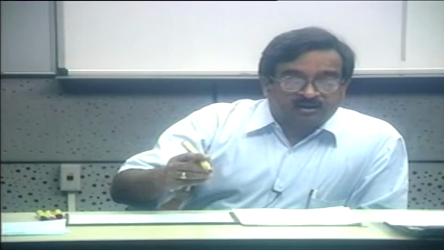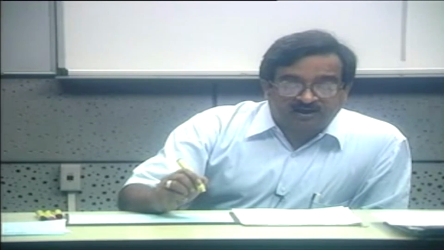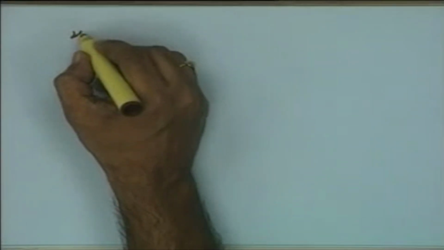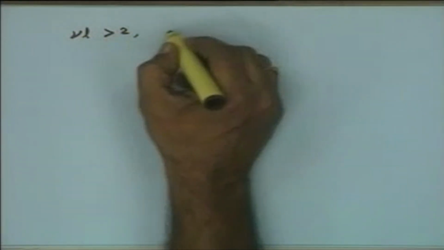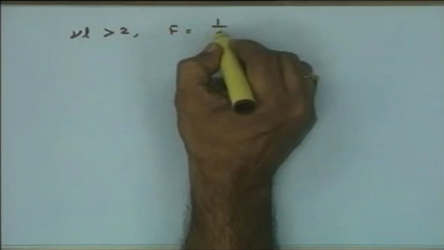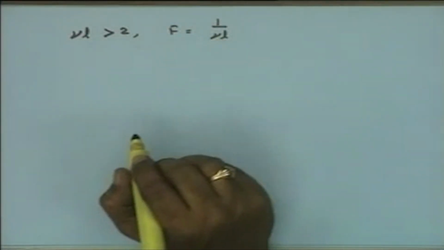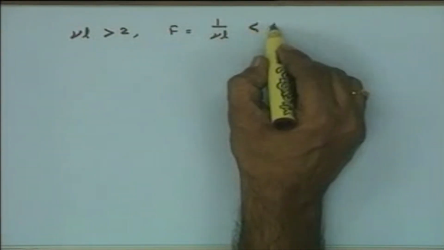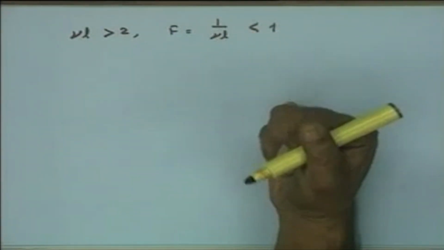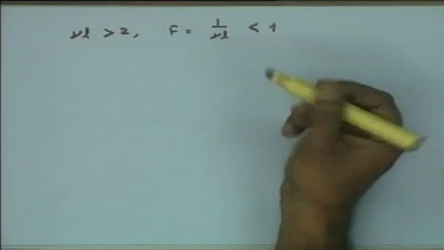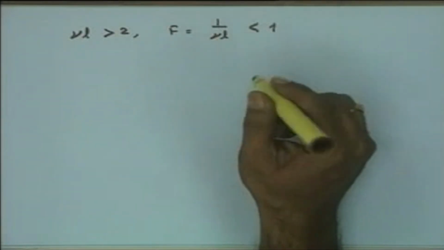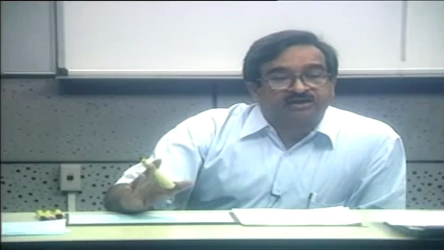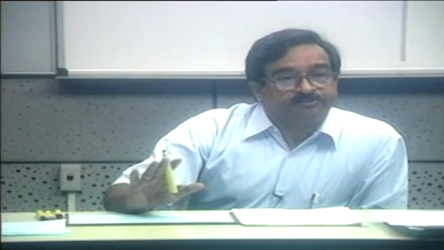Now if you look at the higher value of gamma L, when gamma L is greater than 2, as I mentioned, f is equal to 1 upon gamma L by basic definition, and therefore f is less than 1, it is the inverse of gamma L, which means the reaction is under diffusional control regime.